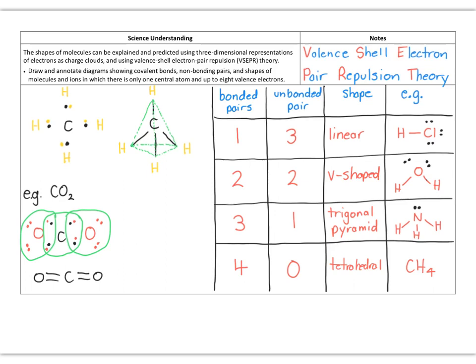So that gives us a net result of this structure being linear, as this set of electrons here and this set of electrons all push away from each other. So that is our little lesson on valence shell electron pair repulsion theory.